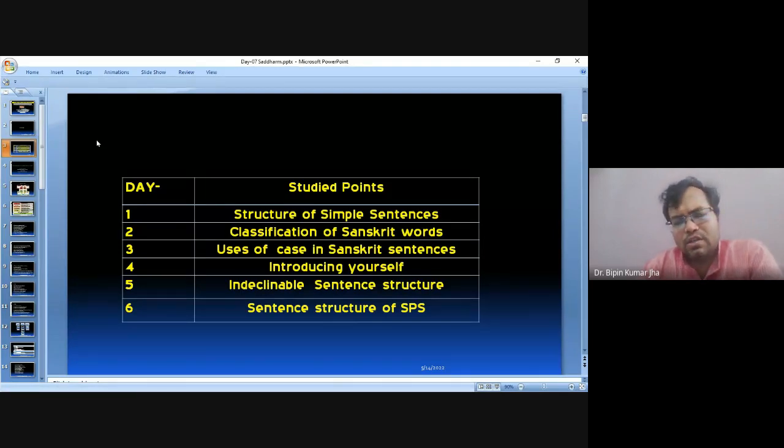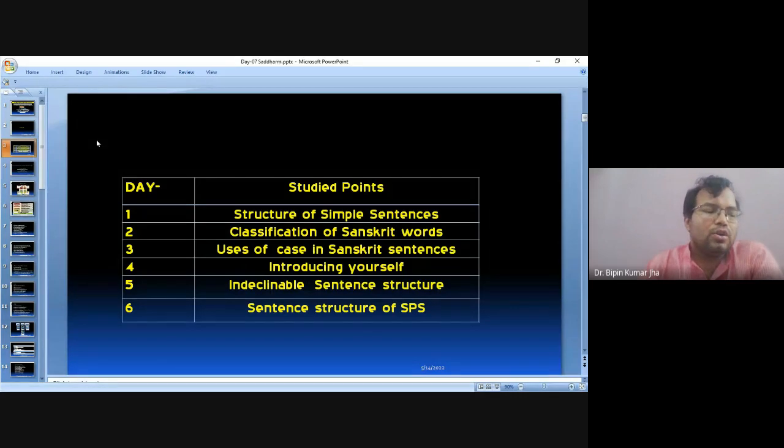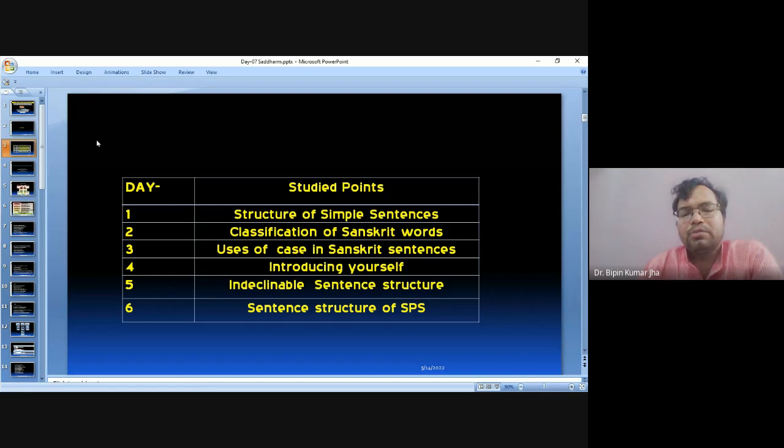The second day, again, was the classification of words, Sanskrit words, and we studied Naam, Akhyat, Upasarg, and Nipat. If we translate it or try to find it in English grammar, then Naam means noun, pronoun, adjective. Akhyat indicates the verbal roots, and not only verbal roots but the verbal forms also.